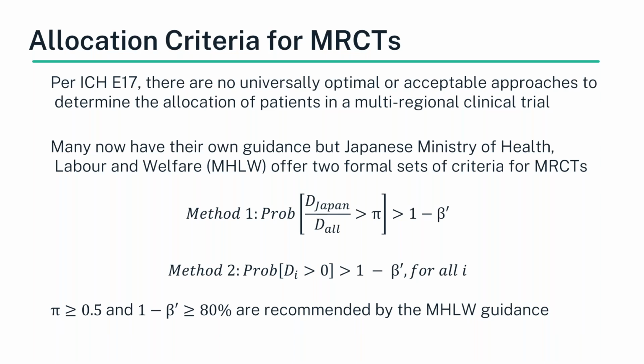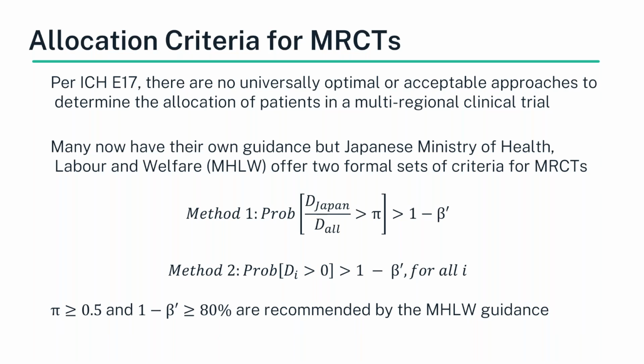And so, in ICH E17, they state that there's no universally optimal approach to allocation, as it depends on so many factors like the size of the region, the impact of the ethnic factors, and the prevalence of disease. And so as a result of that, many regulators will have their own guidance as to how they feel the sample size should be allocated out.